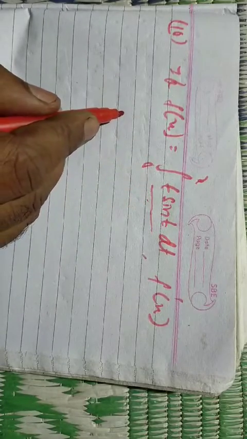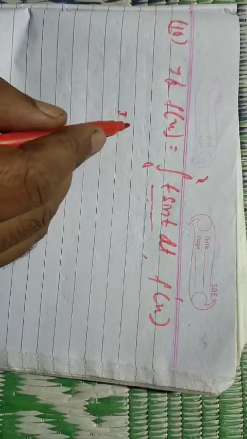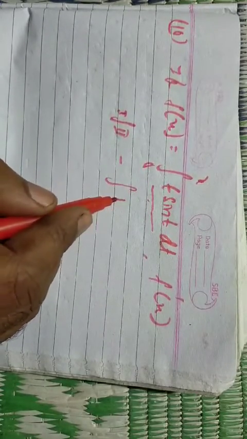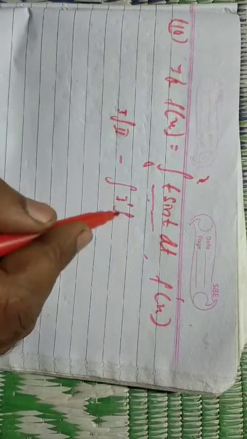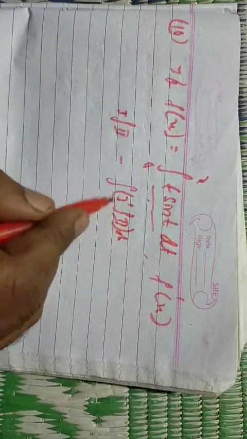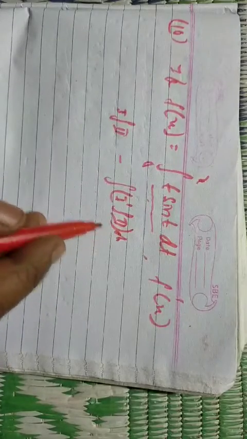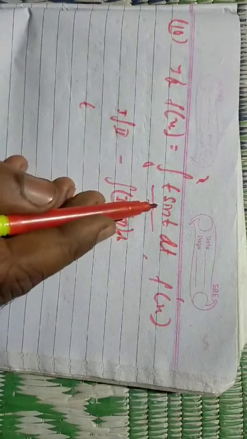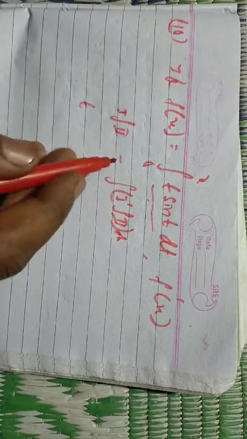What is the formula? First function into integration of second function, minus integration of derivative of first function into integration of second function. So put here first function is t, second function is sin t.